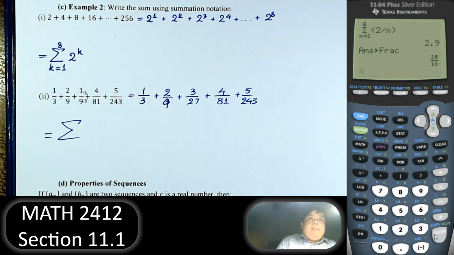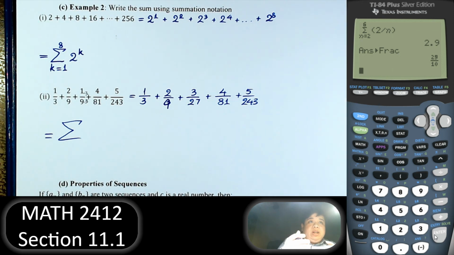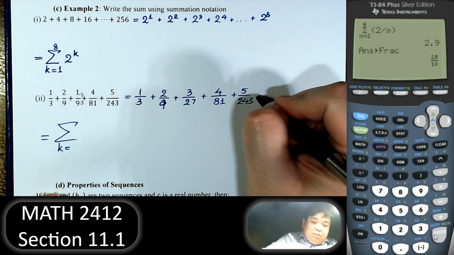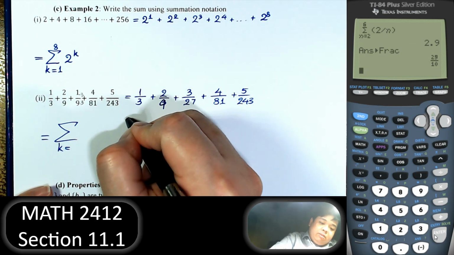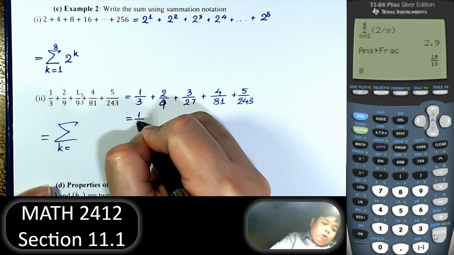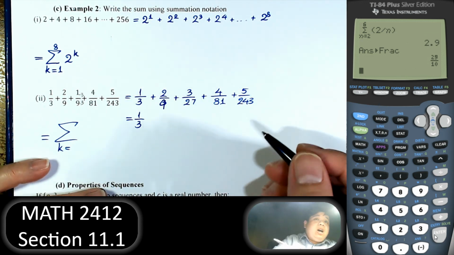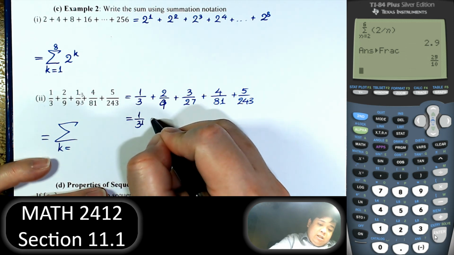The summation. We have to write something in common, the common parent of them. We can say 1 over 3, 9, 27, 81, 243. Those look like the power of 3, and it is.